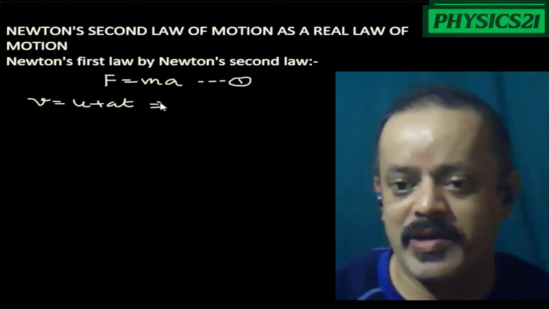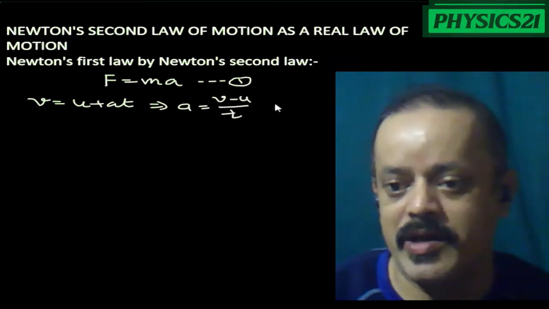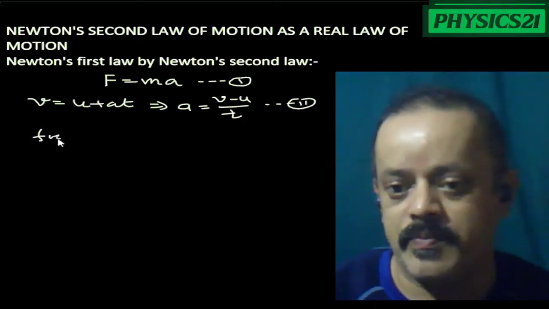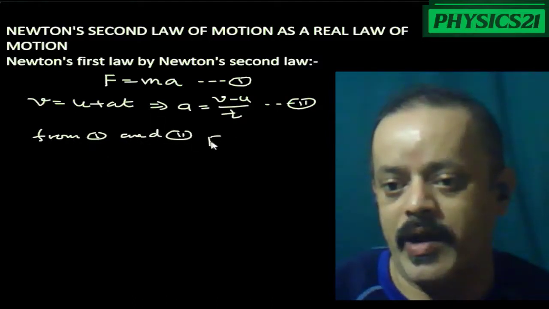As we solve it, we get a = (v - u)/t. Let this be equation 2. Now from 1 and 2, we can write F = m(v - u)/t.